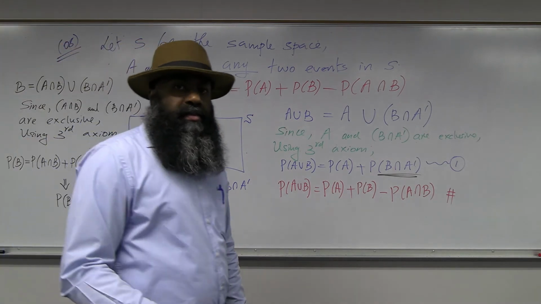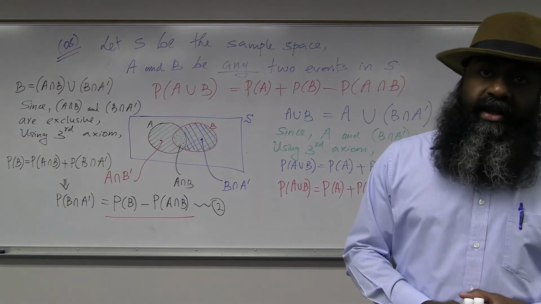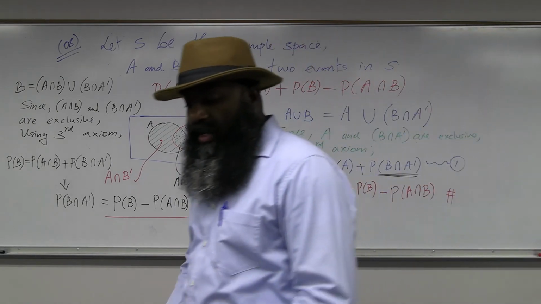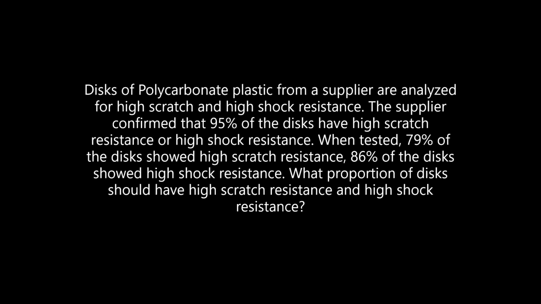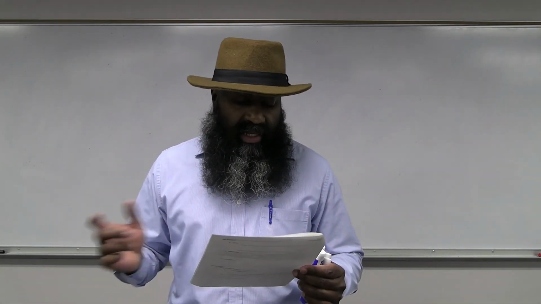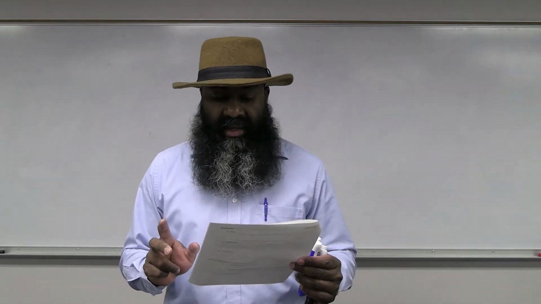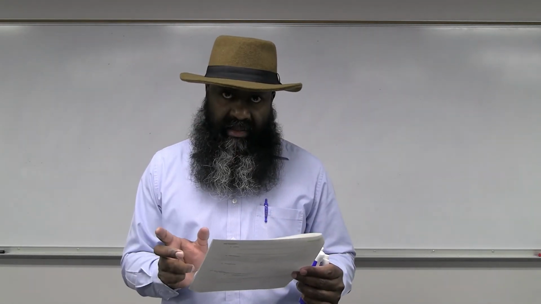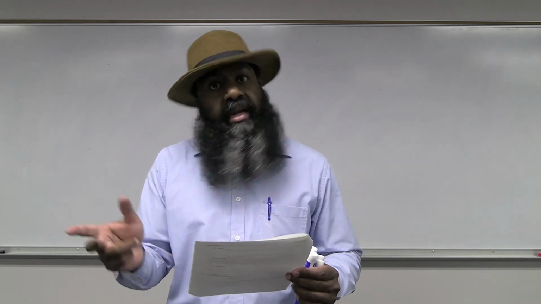Let's do an example from the principle of inclusion and exclusion. Let's move on to point number 9. So here's problem number 9. Discs of polycarbonate plastic from a supplier are analyzed for high scratch resistance and high shock resistance. So two events are clearly given.